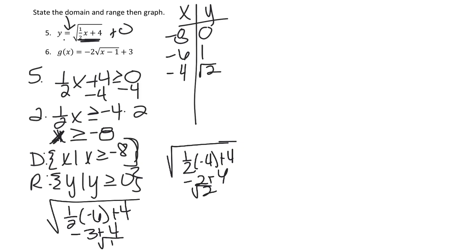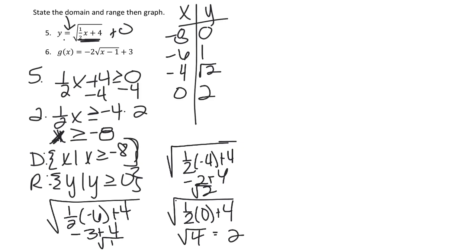Well, that doesn't really help me much. Let's try 0. The square root of 1/2 times 0 plus 4. That's the square root of 4, which is 2. Okay, that was a good choice. Negative 2 would have probably given me the square root of 3. And that's pretty much enough to draw a good graph here.